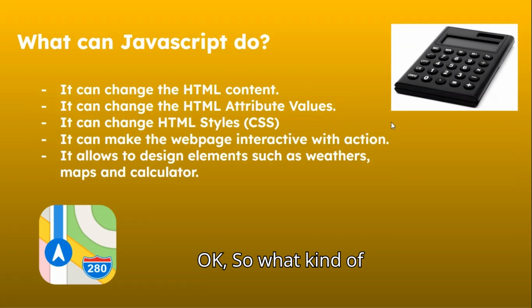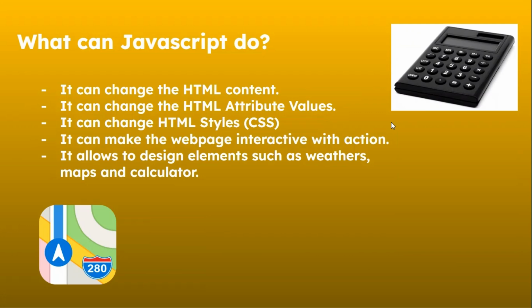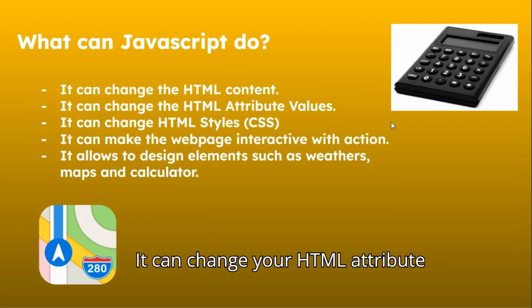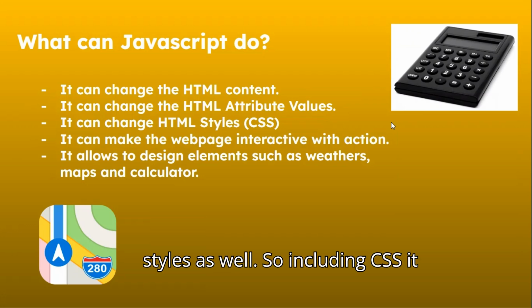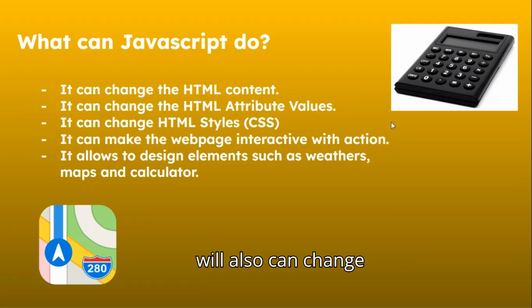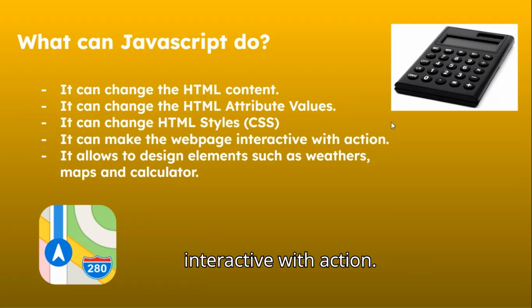Okay, so what can JavaScript do? The first bit here, it can change the HTML content, which is true. It can change the HTML attribute values. It can change the HTML styles as well, including CSS, and can change the action, the way it looks, and the functionality. And also, as I said earlier on, it can make the web page interactive with action.